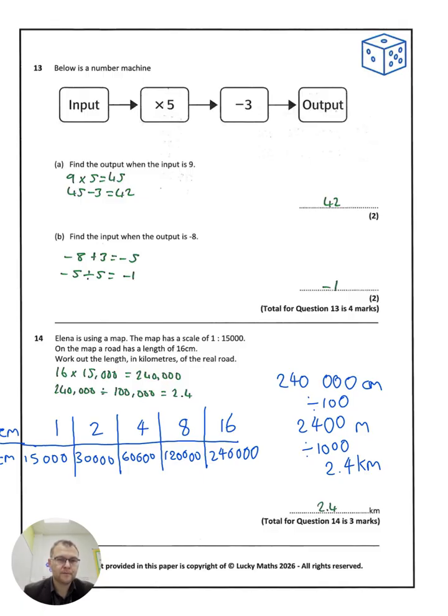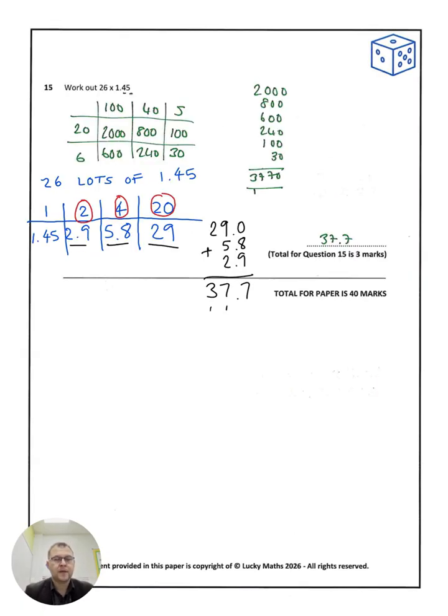And finally, an opportunity to show how something a bit more advanced, like decimal multiplication, can be achieved using the ratio table. And 26 lots of 1.45, quite simply, can be done by doubling our one lot of 1.45 to get 2 lots, as we can see, 2.9.